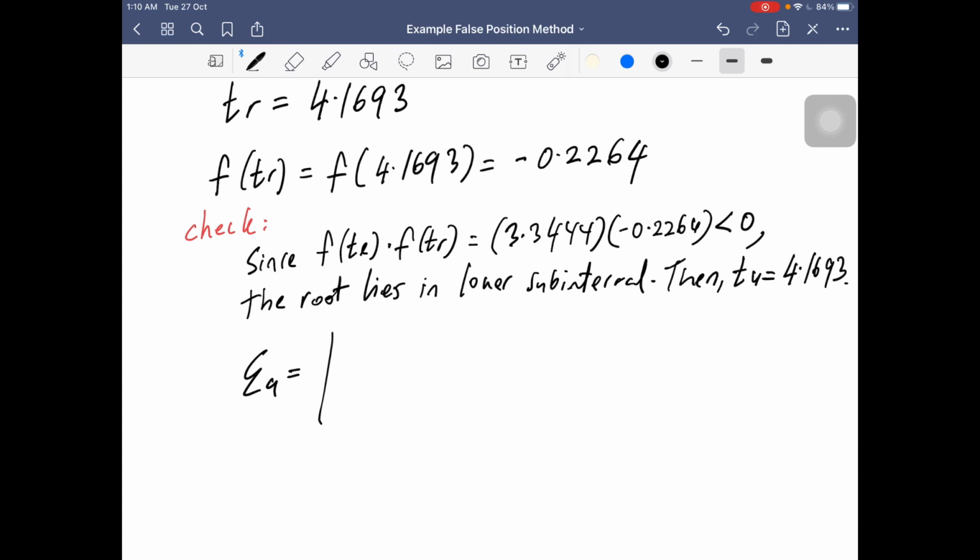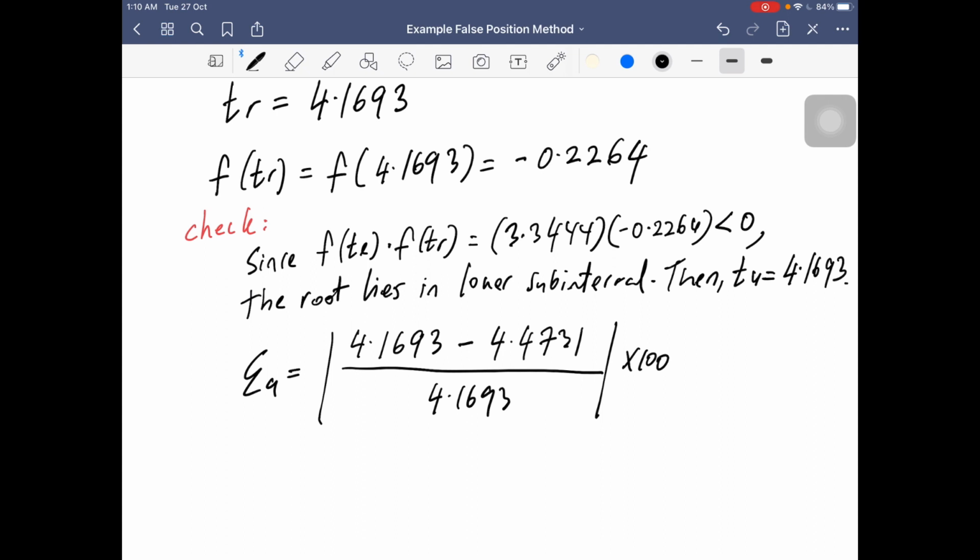So here we have the current approximation, which is 4.1693, and then minus the previous approximation, 4.4731, divided by 4.1693, and then multiplied by 100 and put the percentage, we should get 7.29%.